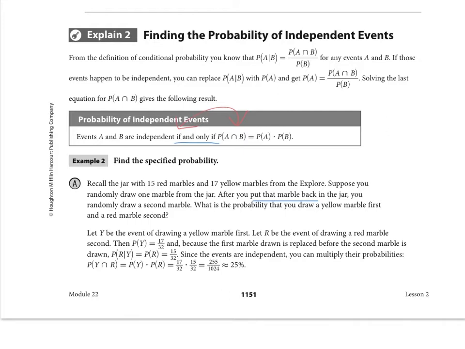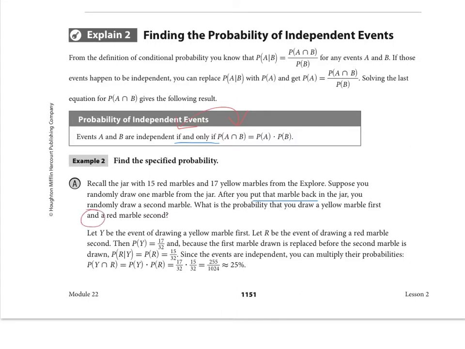All we're going to do is basically calculate that probability by saying that yellow is the event of drawing a yellow marble first, and we know that that probability is 17 out of 32 from before. And because the first marble drawn is replaced, the probability of red, given that we've already drawn a yellow, is the same as just the probability of red, which is 15 out of 32. And so what is the probability that you draw a yellow marble first and a red marble second?